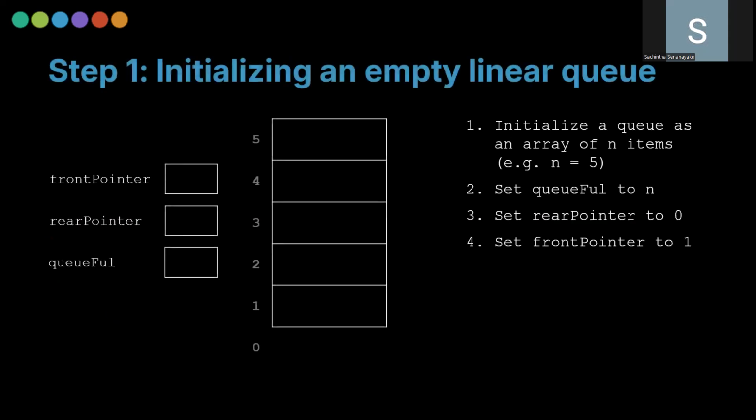Let's start by understanding how you initialize an empty linear queue. What exactly a linear queue is not quite apparent to us right now, but you'll understand what it means to be linear soon when we look at the second type of queue called circular queue. As far as the syllabus is concerned, you'll be learning about two different implementations of a queue. That's linear and circular.